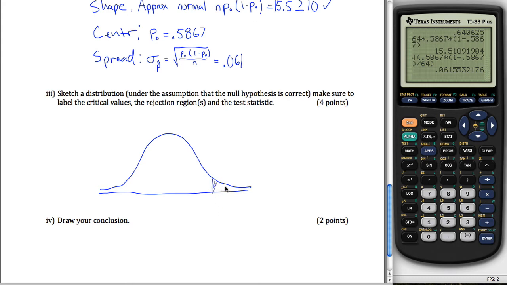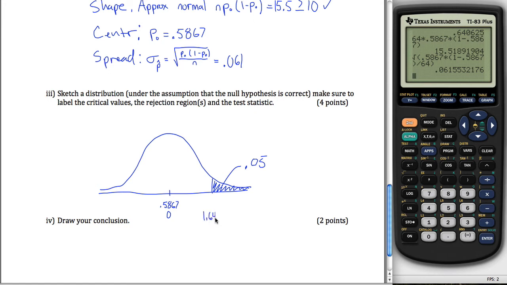So what I want is some region out here, so that shaded area is 0.05. I should be a little more careful with my picture. The center, I want 0.5867, which has a z-score of 0. And the critical value that has 5% above it, you might just remember that's 1.645.